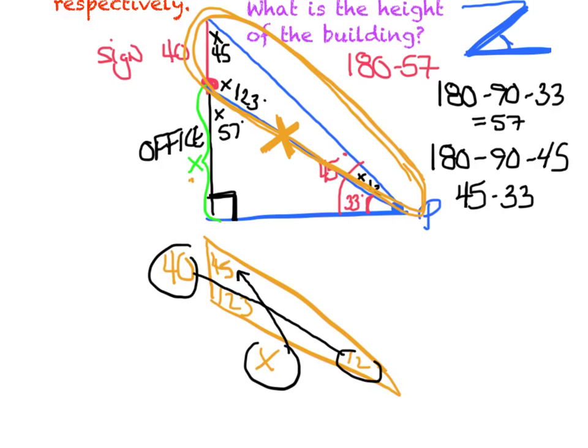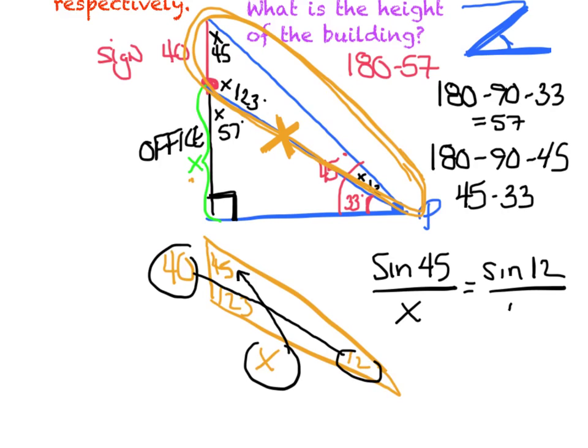So I've got law of sines. So I'm going to say the sine of 45 over x, and the sine of 12 over 40. You can do the math from there, cross multiply and solve. And so pause it, try it on your own, see what you get. We'll see if we get the same thing.